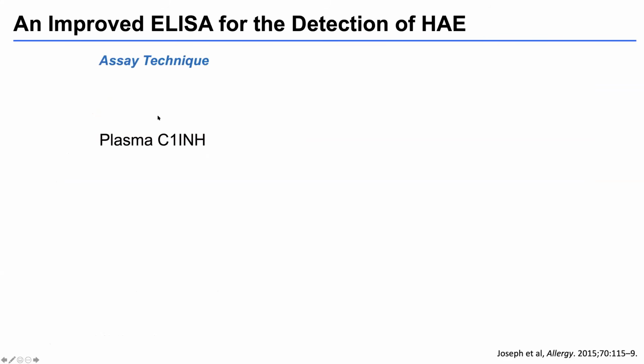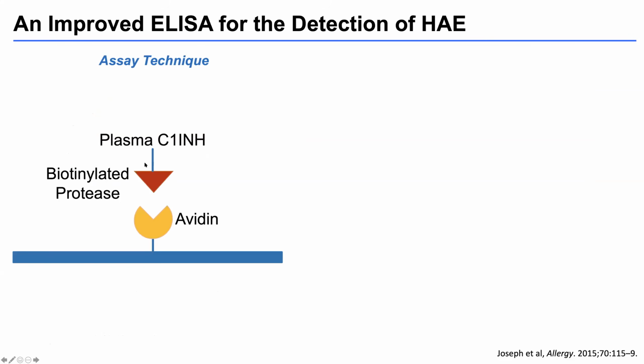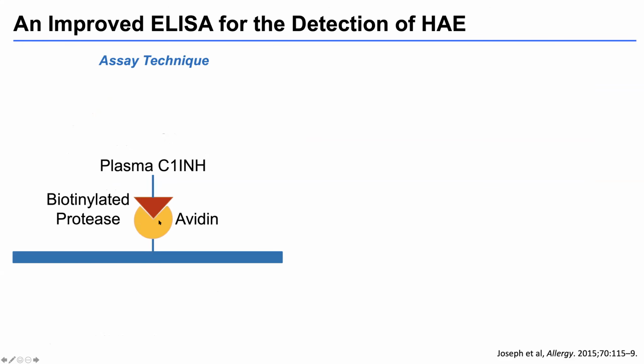This is just to say that ours is not the only way to approach it. Alan Kaplan published this where he used a biotinylated protease to bind to plasma C1 inhibitor, basically detected it on an avidin-coated plate with an anti-C1 inhibitor.